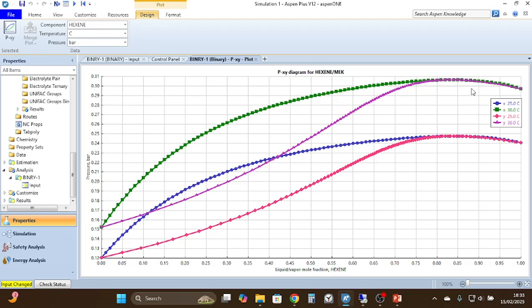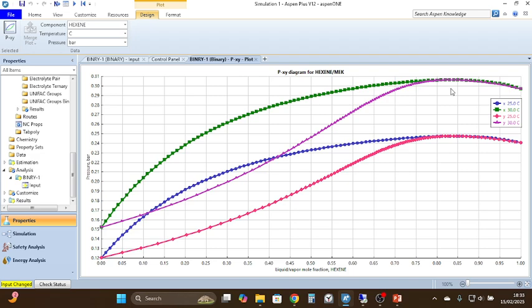Now in this case, can you tell me which one is the dew point curve and which one is the bubble point curve? Blue is the dew point curve, green is the bubble point curve. Yes. So over here you can see that the orientation has just reversed.